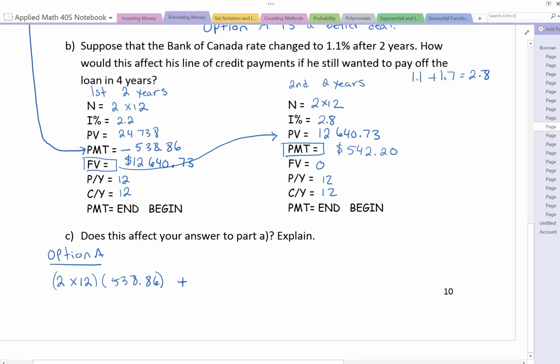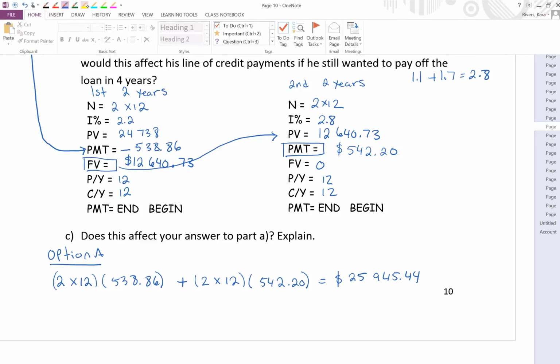Then for the second 2 years, at 12 payments per year, we've paid $542.20. Now if I do this calculation, this is going to be the amount I've paid, principal plus interest all bundled in together, same as what we calculated in Part A. Doing that math, I get $25,945.44.